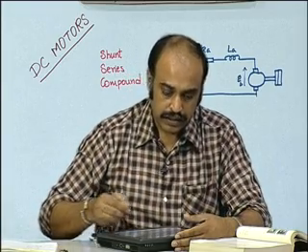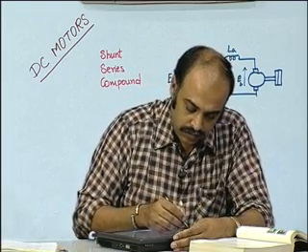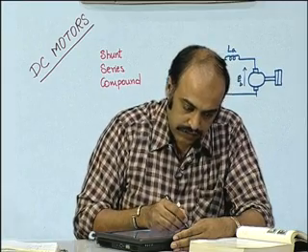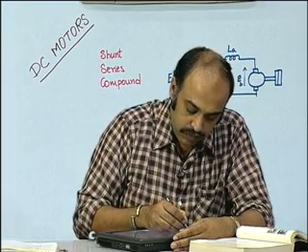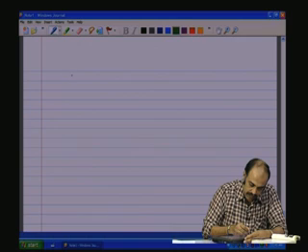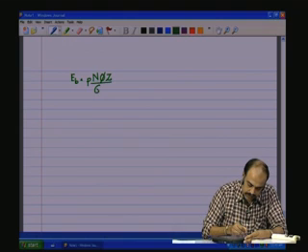So, one point here before we close this session is about the speed. We have here EB, which is equal to P N phi Z by 60.